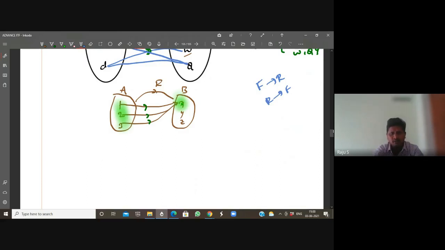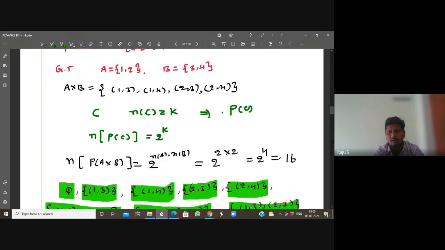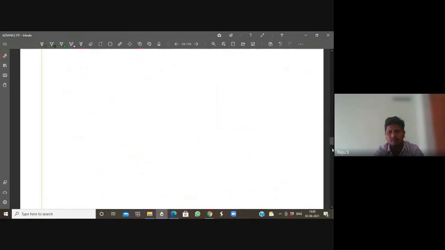The important types are identity function, constant function, modulus or absolute function, greatest integer function, signum function, logarithmic function, exponential function, trigonometric functions, inverse trigonometric functions, hyperbolic functions. You have to remember each and every function, especially domain, range and codomain.